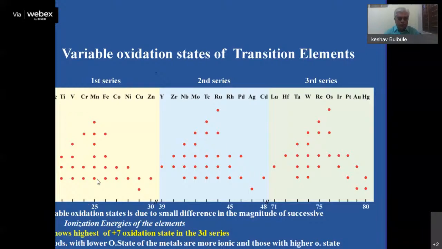It exhibits +2, it exhibits +4, it exhibits +6, and also exhibits +7. What is true for first series or 3d series of transition elements is also true for second series as well as third series. And as the oxidation number is varying from +2 to +7, their property keeps on changing from ionic to covalent.